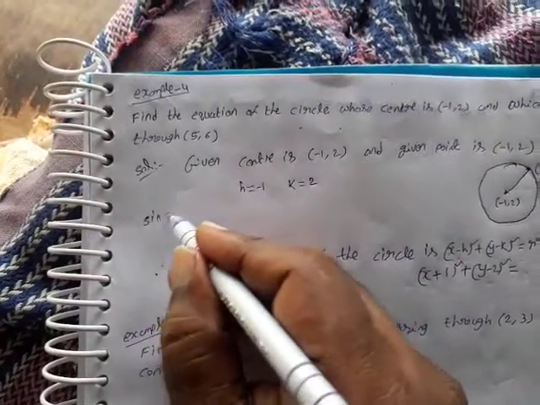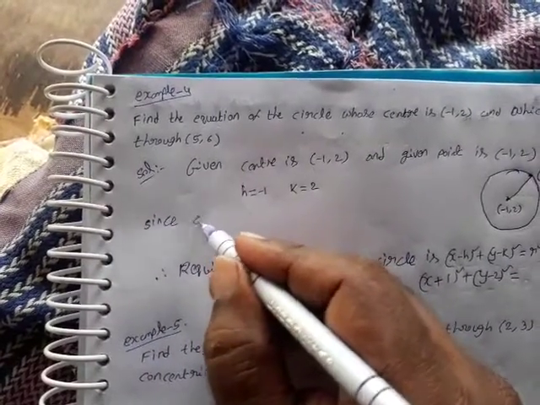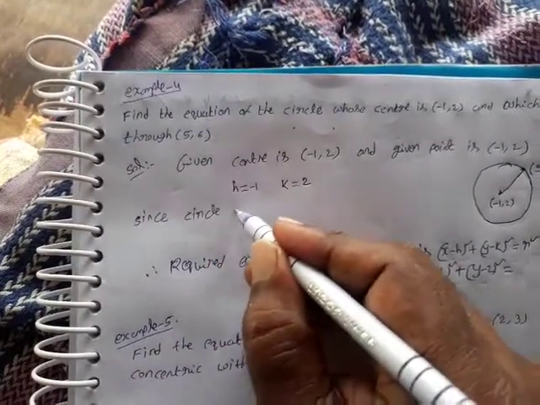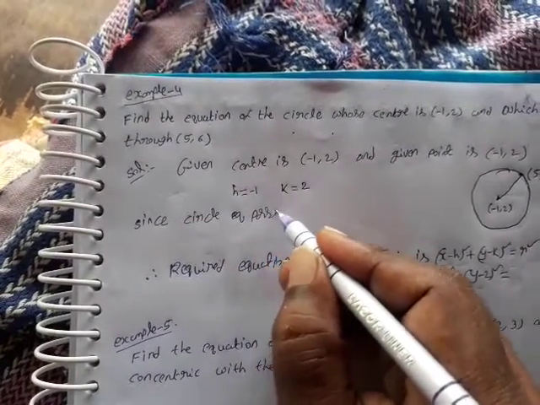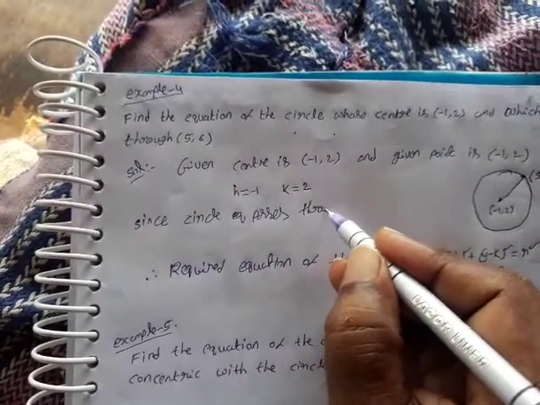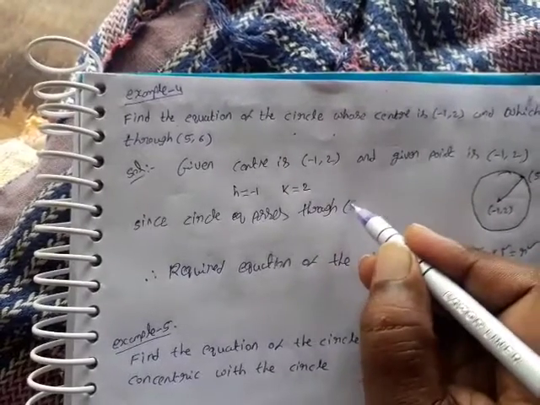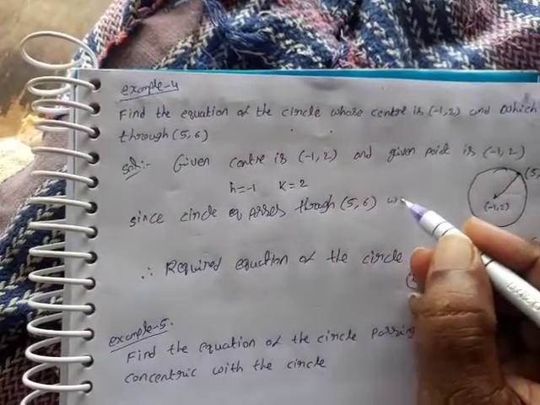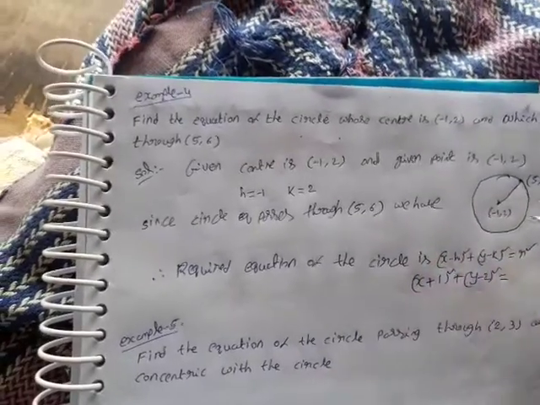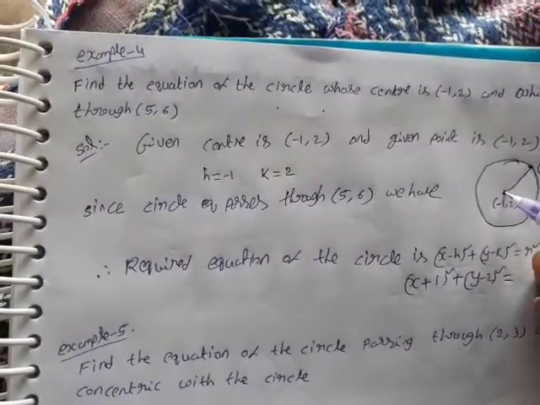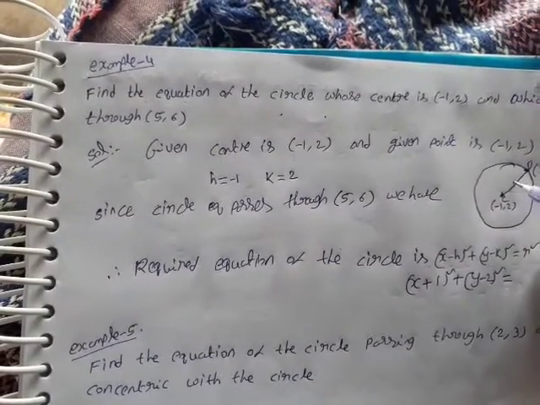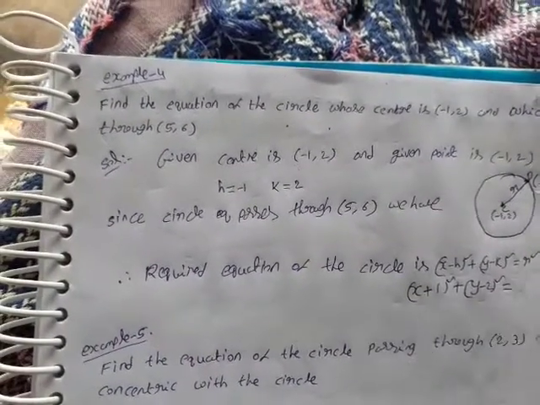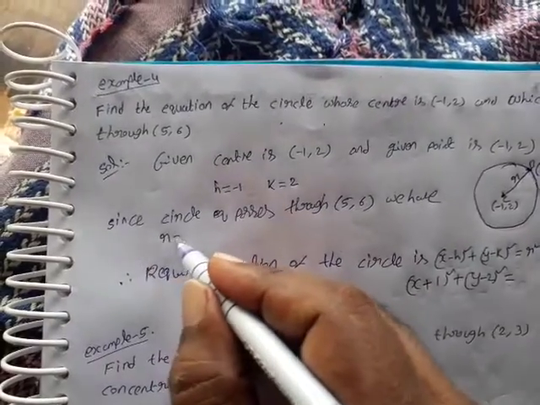Since the circle equation passes through 5 comma 6, we have distance between center and point is equal to radius. We have r is equal to CP.